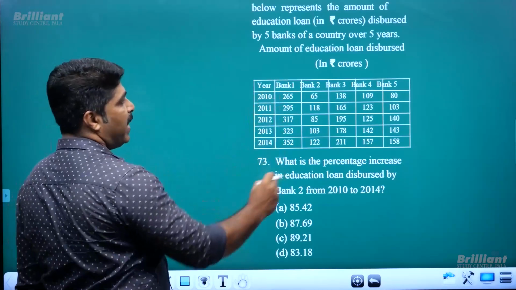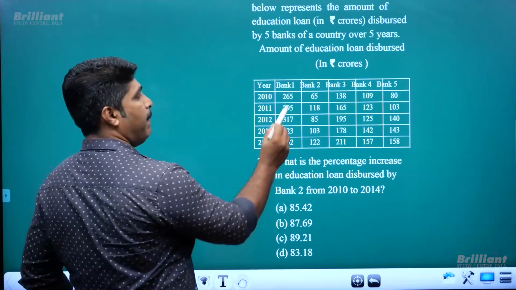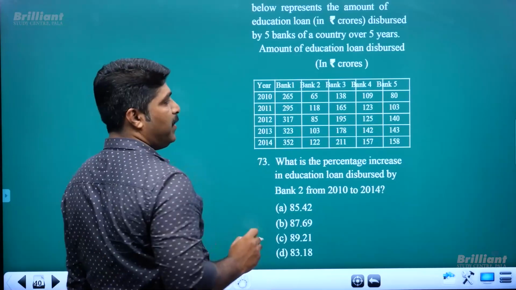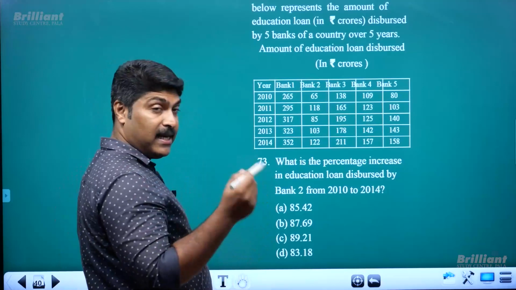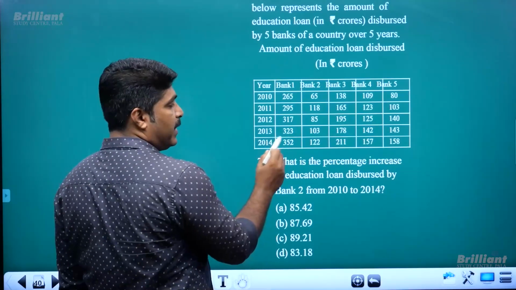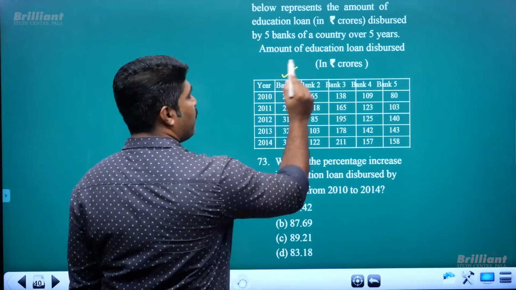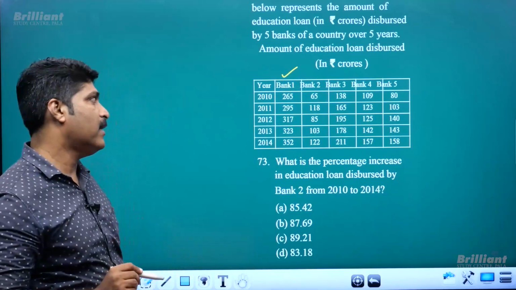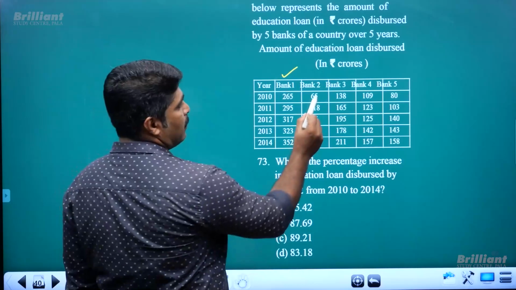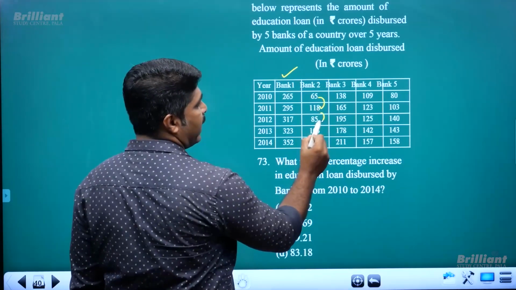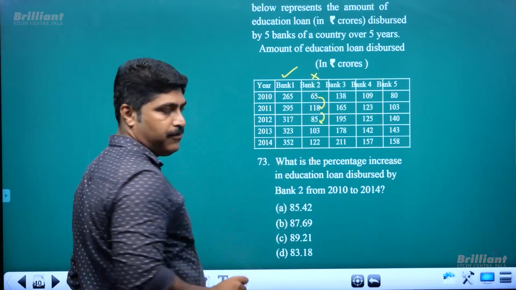While we are considering bank 1, here 265, 295, there is an increase. 295 becomes 317, again increase. 317, 323 increase, 352. Yeah, this bank 1 shows a continuous increase. Bank 2, there is an increase, but again a decrease. Therefore, bank 2 is not satisfying that condition.